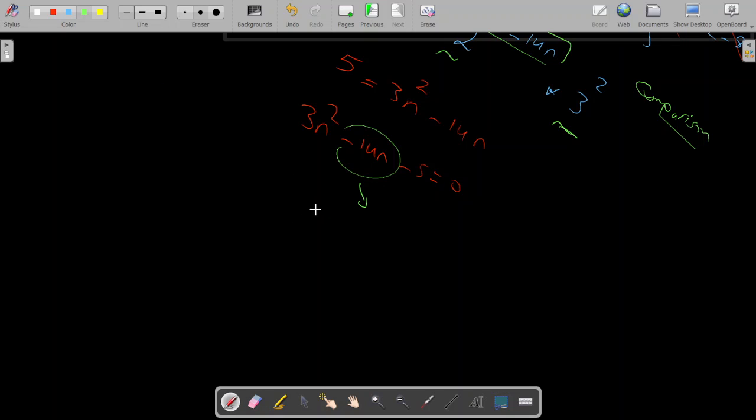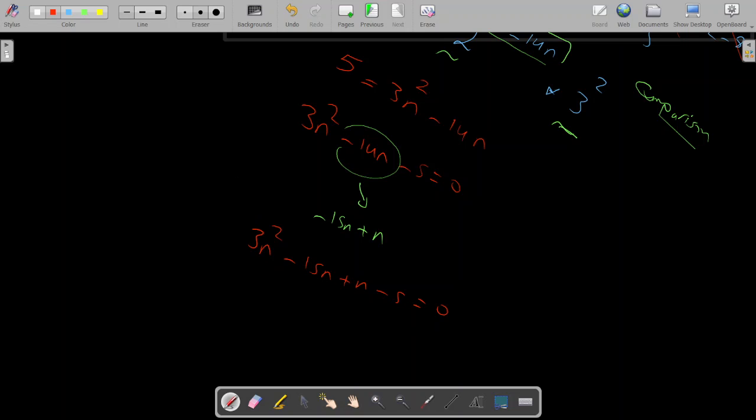You say that the minus 14 is a result of adding minus 15n plus n. You got my point? So you're trying to create a fourth term so you can factorize completely. So we're gonna write it as 3n squared minus 15n plus n minus 5 equals 0.